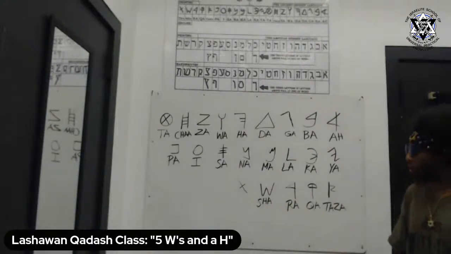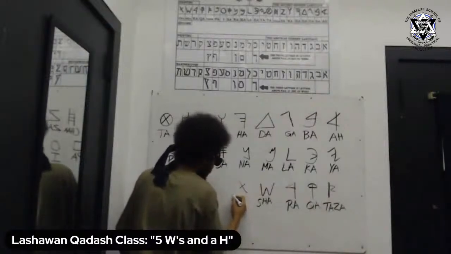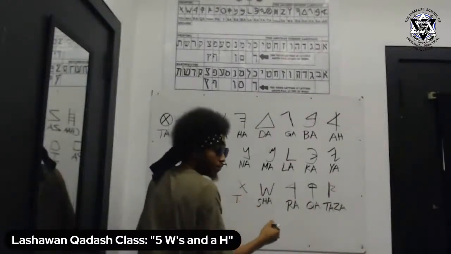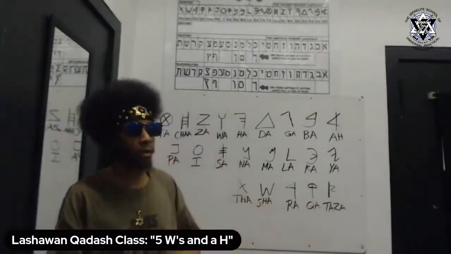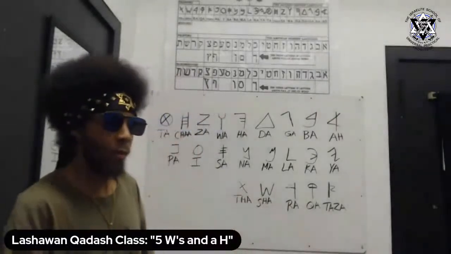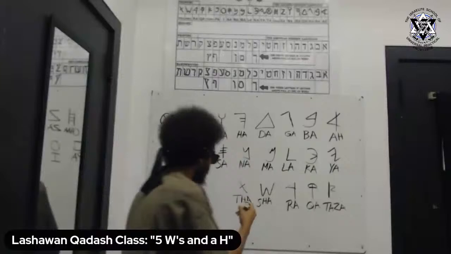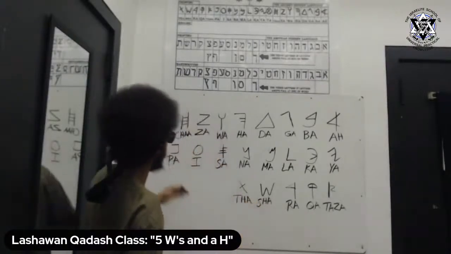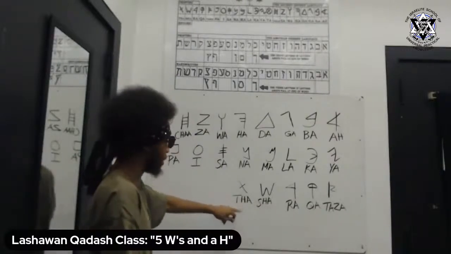Th. Think of th as like when you say the, or the end. So it's the. It won't be tug, because there's something else right in front of it.